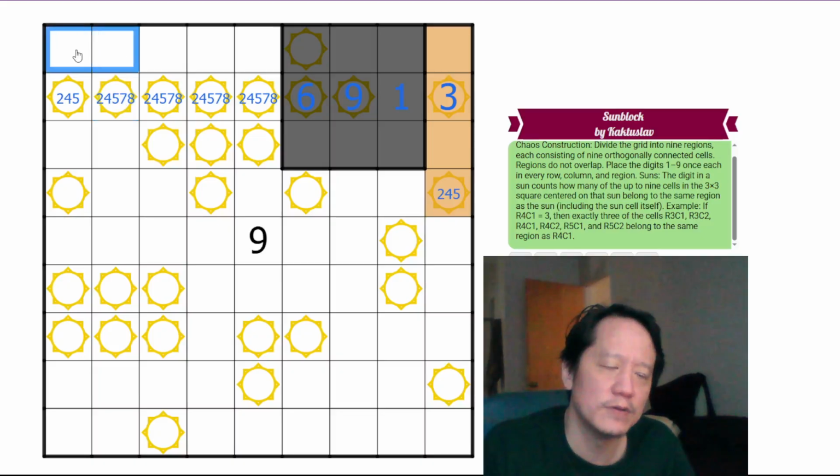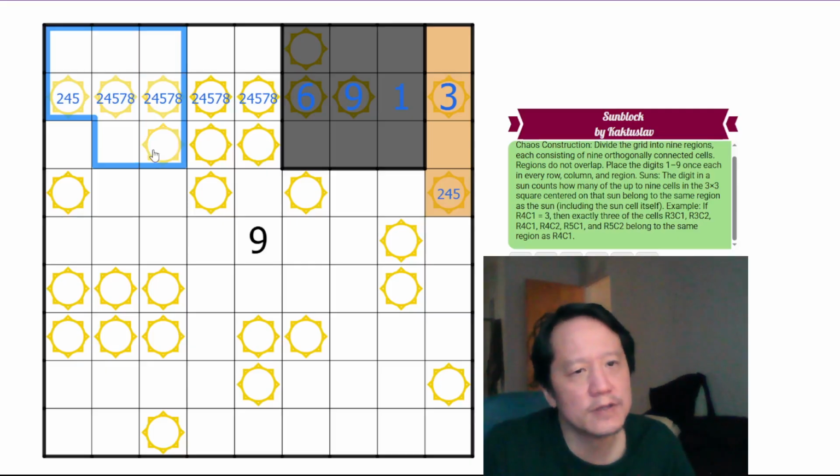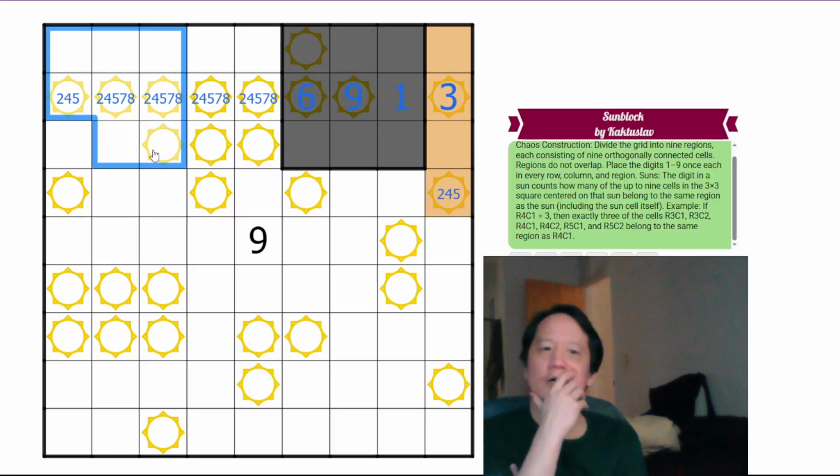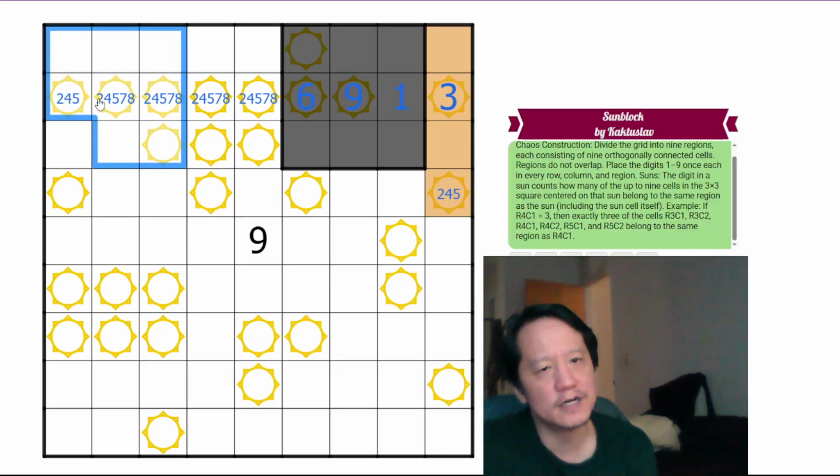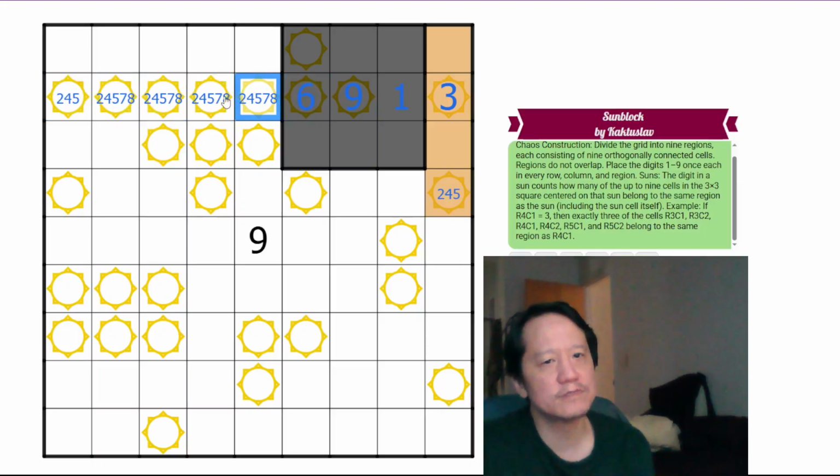Oh, this can't be 8 going this way. It would have to be 8 going... Ah, that's kind of a problem. 8, unless it's on the end, well, can't be on the end.